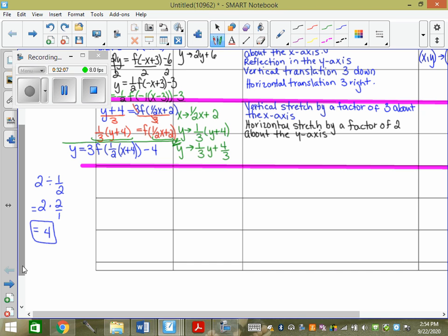I have a vertical translation, four down. It's always right. And then 4 left, horizontal translation.